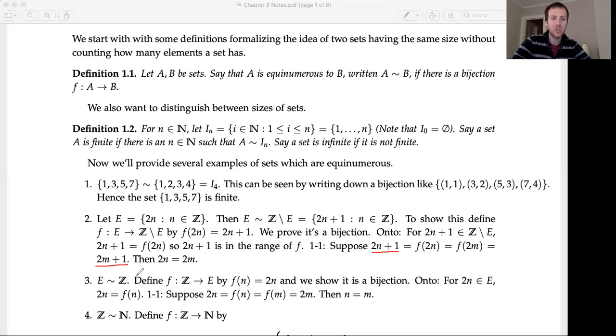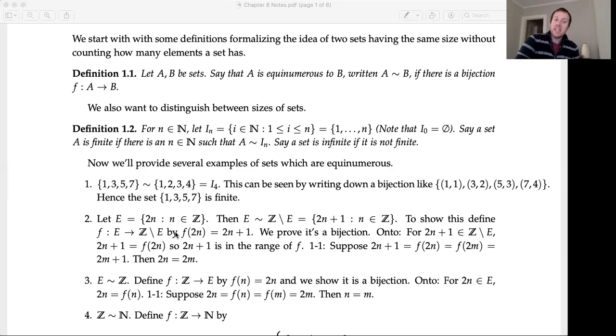And if these two odd numbers are equal, then subtracting 1, we get that 2n equals 2m. So the inputs we started with were the same. So this says, with our kind of intuitive interpretation, there are the same number of even numbers as there are odd numbers. And that's kind of not surprising.